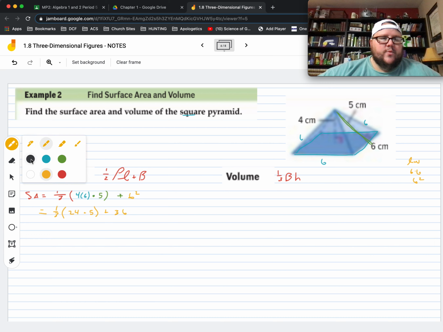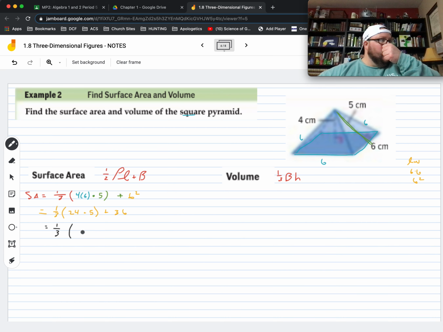I'm going to do the rest in black. So this equals 1/2 times 24 times 5 is, let me pull out the calculator. I think it's 120. But I just want to make sure.